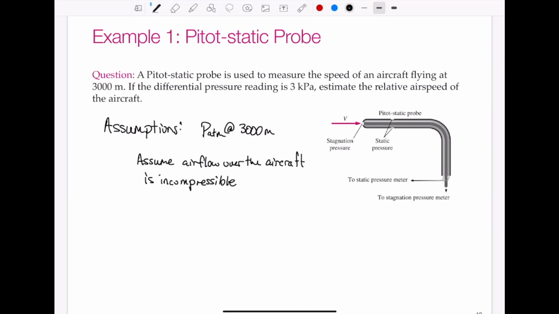And so an incompressibility assumption for something flowing through air would be the velocity is less than approximately 0.3 Mach, 0.3 times the speed of sound. Or the Mach number, let's say, is less than 0.3.